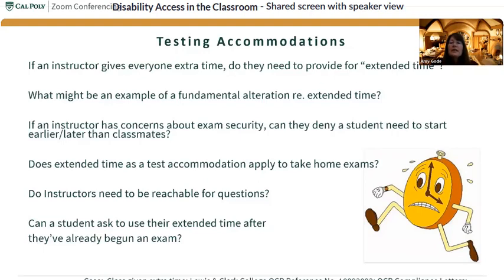However, legally, a student's extended time that's been determined by the Disability Resource Center, the disability experts on campus, has to be provided, and it has to be at the very max of the last student testing in the class.